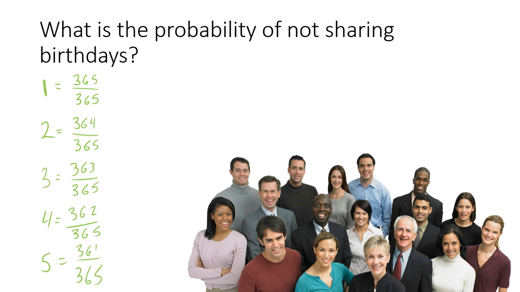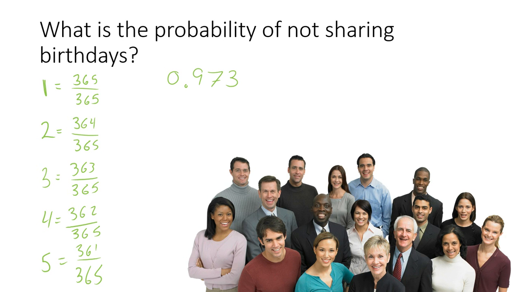Since these events are independent of each other, meaning you don't need one to be true for the others to happen, we multiply these together to find the probability of all five of these occurring. When we multiply these together, we get approximately 0.973.